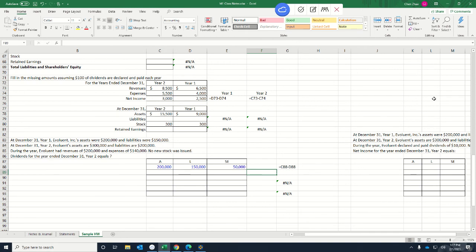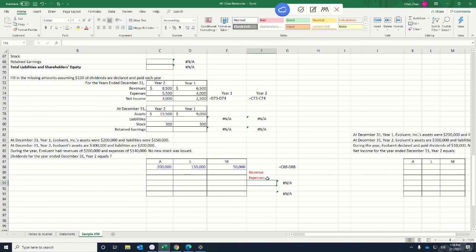Do you remember how to do retained earnings? Yeah, net income and dividends. Okay, let's first see how net income changed. In this question, we don't have net income, but we can figure it out. We start from revenue, and we have expenses, and revenue minus expenses will be net income.